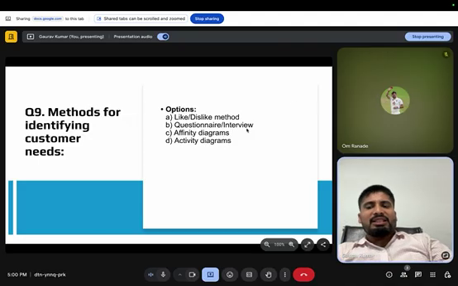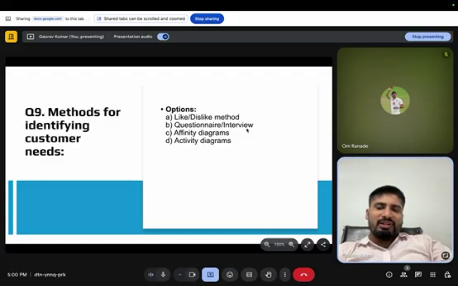So customer needs analysis is fundamental to developing meaningful design criteria. Techniques such as the like-dislike method and questionnaires or interviews gather first-hand, qualitative feedback and express user preferences, frustrations, and expectations. So these insights are later converted into measurable engineering parameters.